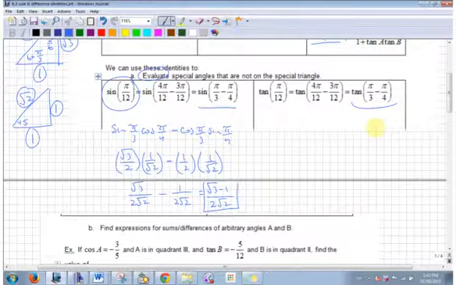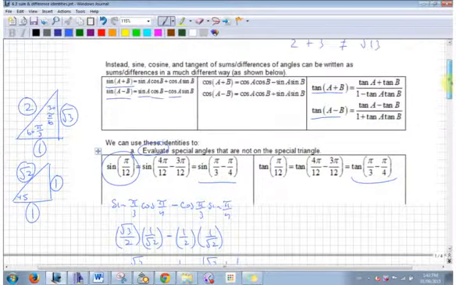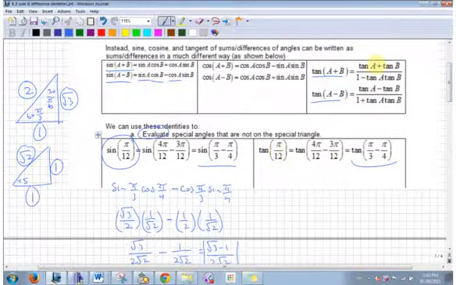Okay? This isn't one I recall using, but we got it now. So I've got tangent of some angle minus some angle.